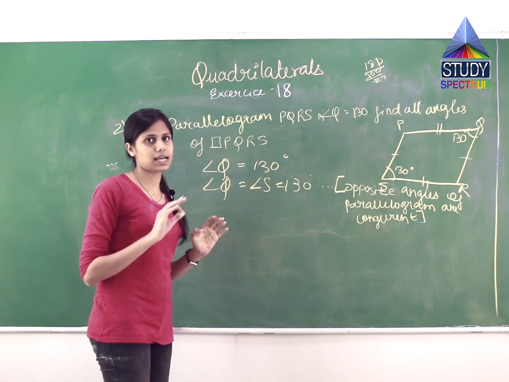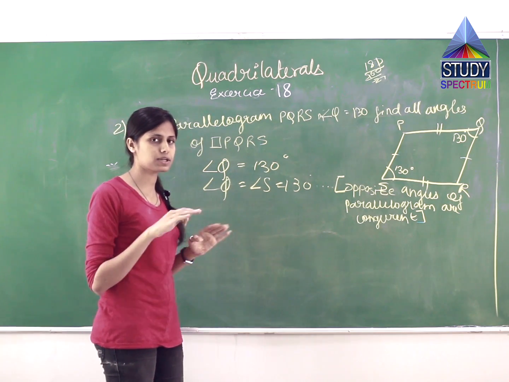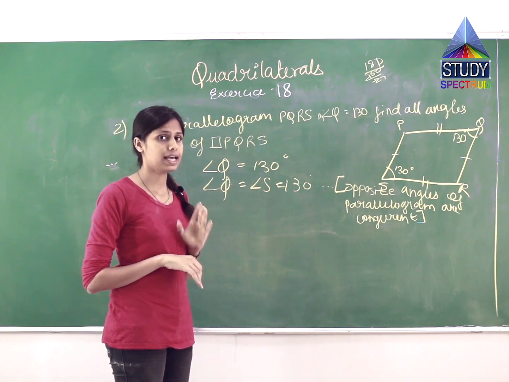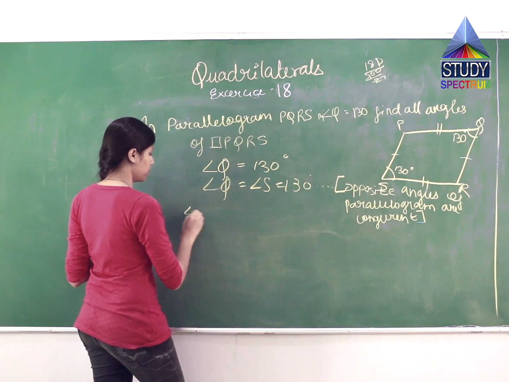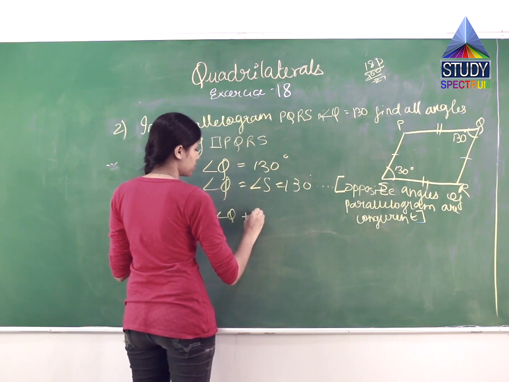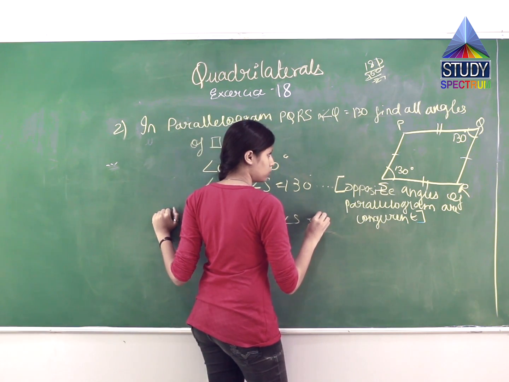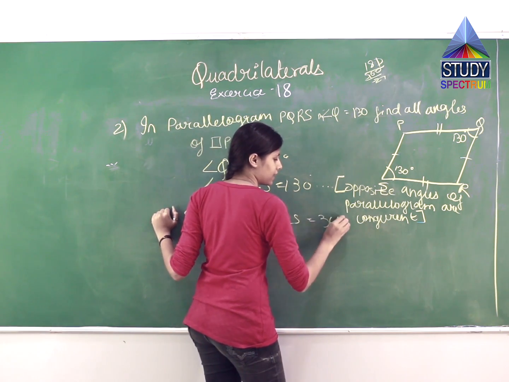Now remember, I told you that the summation of all the angles of a quadrilateral is 360 degrees. Therefore, angle P plus angle Q plus angle R plus angle S is equal to 360 degrees.